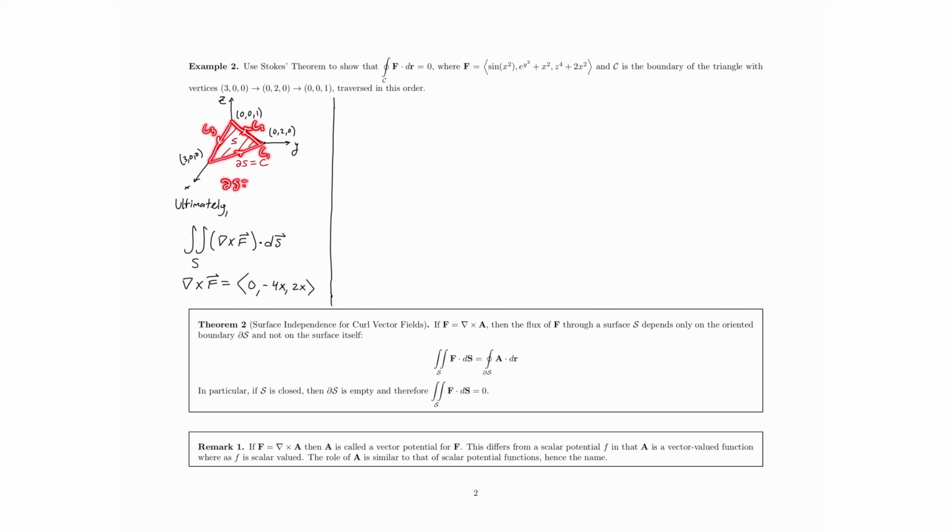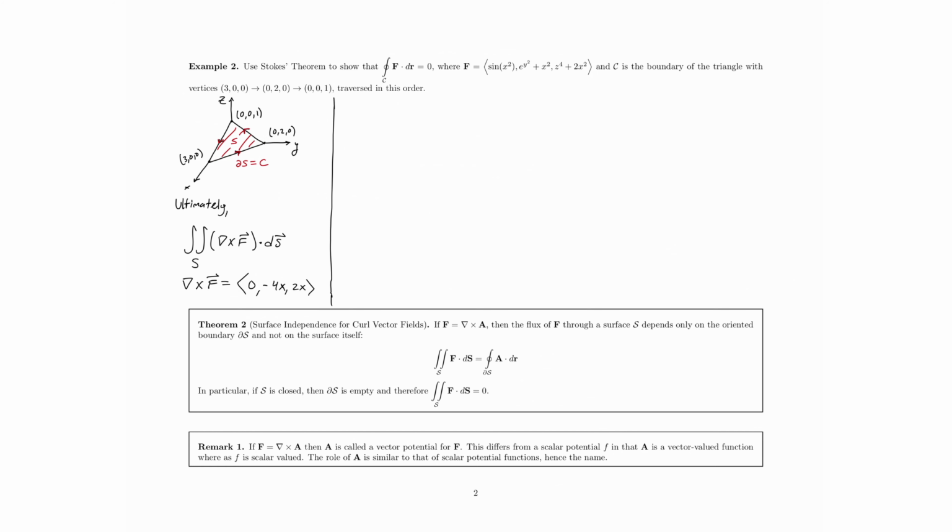Then the boundary of S, which is C, is really C1 glued with C2 glued with C3. So if we did the line integral over C, we'd have to do the line integral over C1 plus the line integral over C2 plus the line integral over C3, which means we need an r1, an r2, an r3, and you get the idea that it's a lot of work. Let's not do that. Instead, the surface integral can be easier.